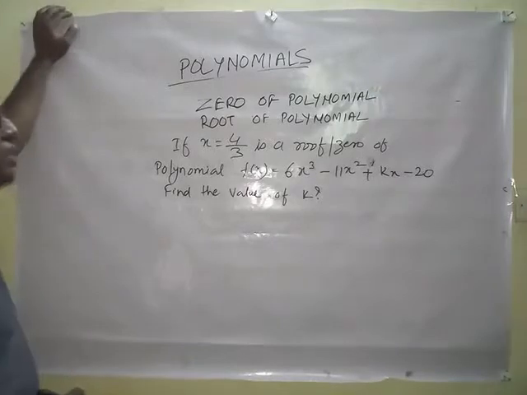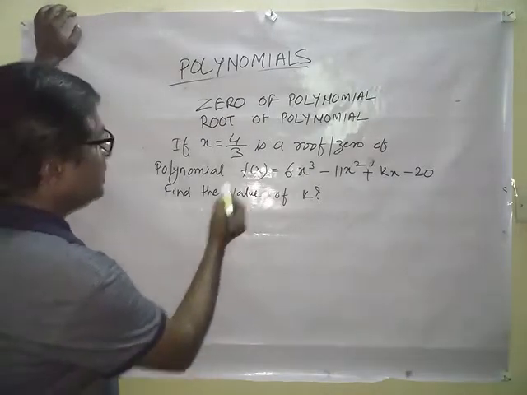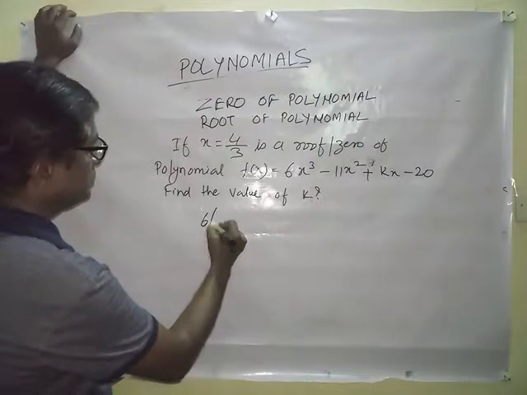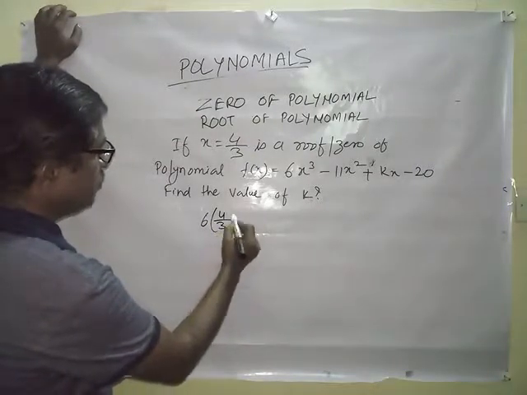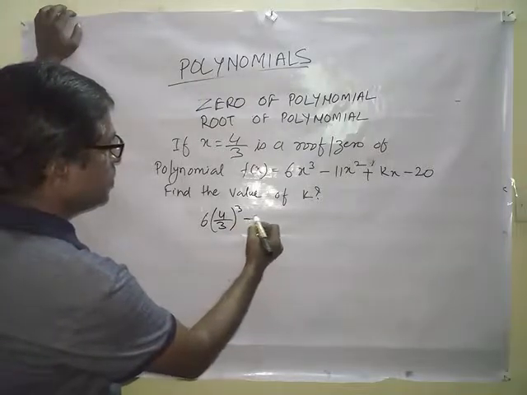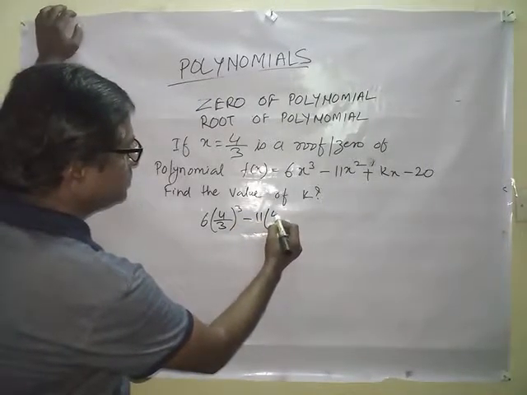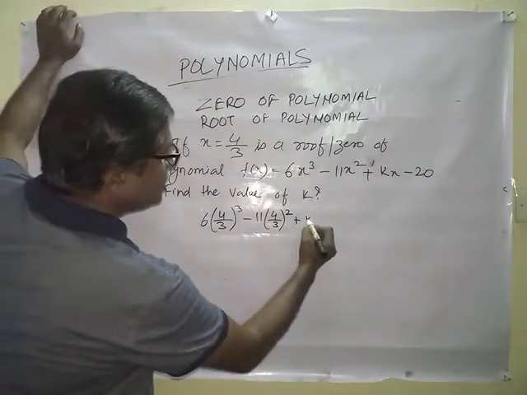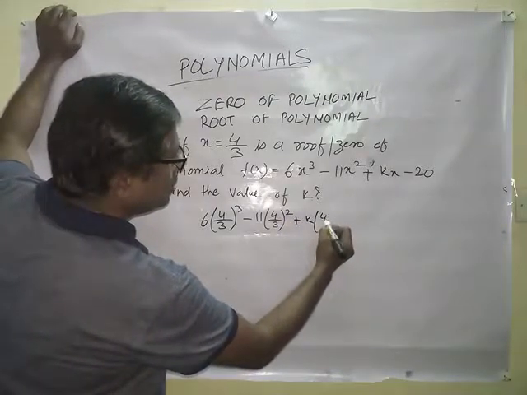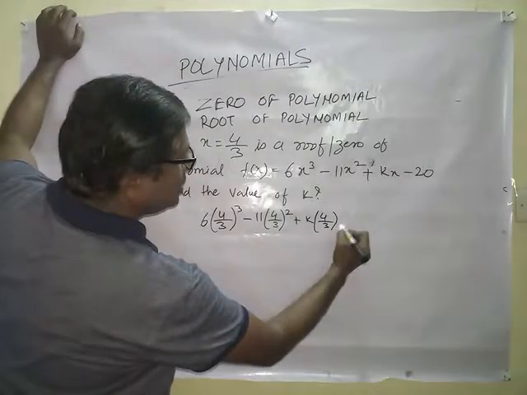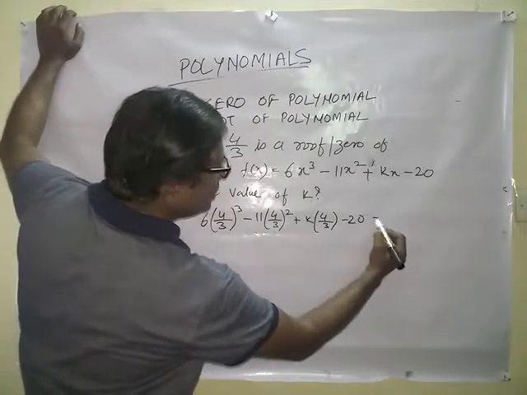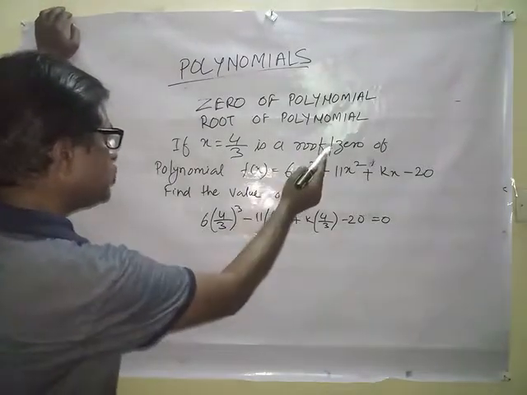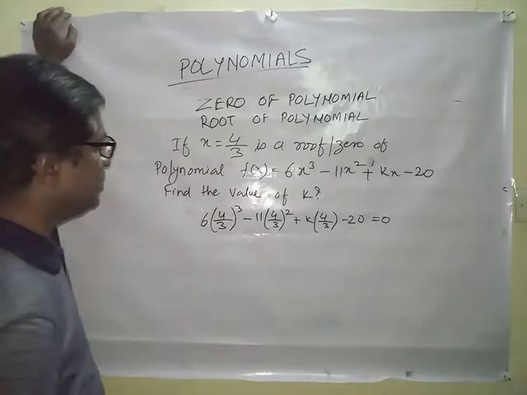To solve this kind of equation, directly place the value of x: 6 times (4/3) cube minus 11 times (4/3) square plus k times (4/3) minus 20 equal to 0, because 4 upon 3 is the root or 0 of this polynomial equation.